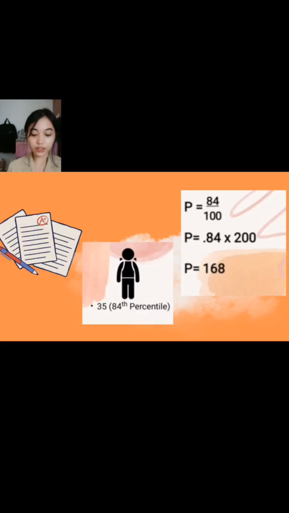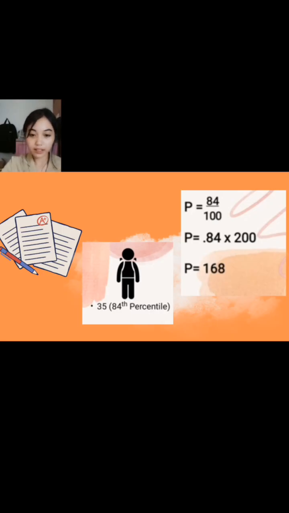For example, if the student gets 35 and 35 is equivalent to the 84th percentile, let's say there are 200 students who also took the test. So, how can we get the rank? Here is the solution. 84 divided by 100 is equal to 0.84, times 200, which is the number of students who also took the exam.